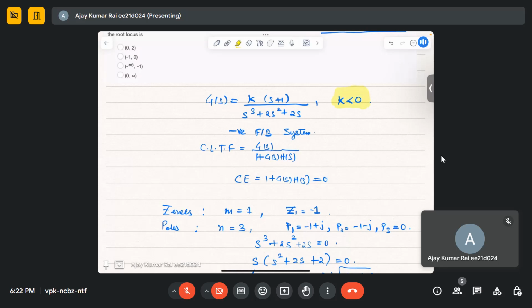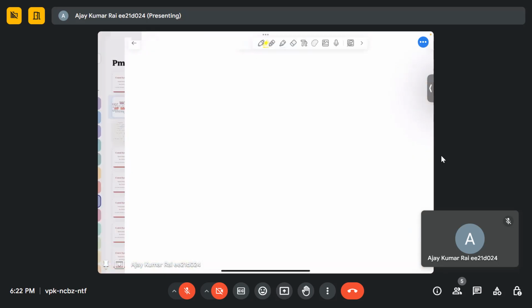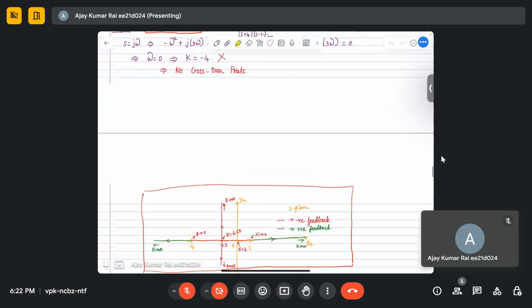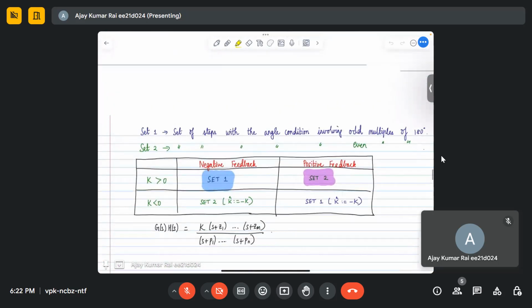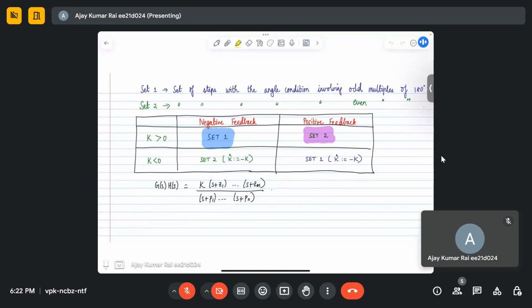So we have to take those sets where the angle is an even multiple of 180 degrees. Let me go back to this one. If you see, we have positive feedback and k is less than 0.